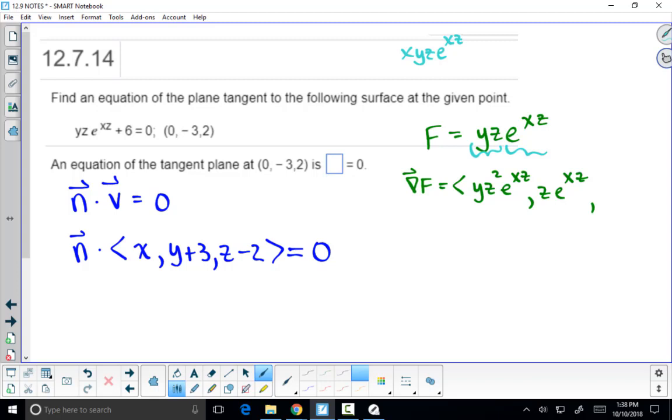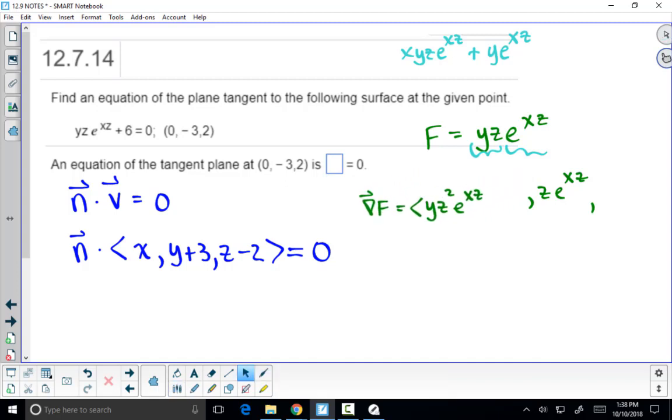So that's first partial second, plus the partial of the first with respect to z, which is y times e to the xz. So that is going to be our third component for our gradient.